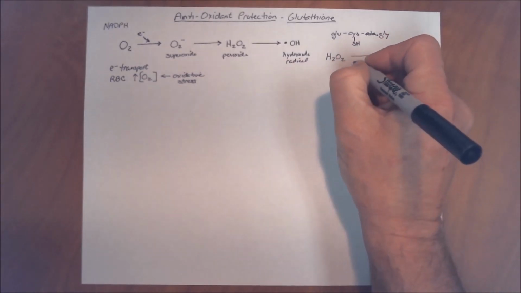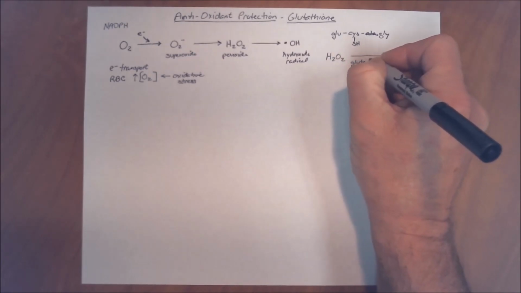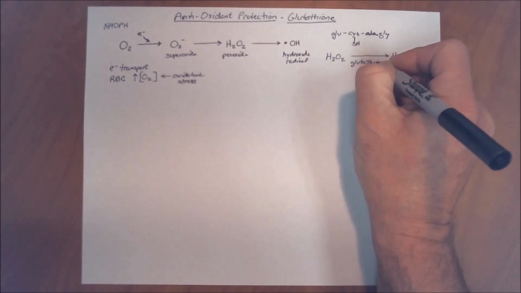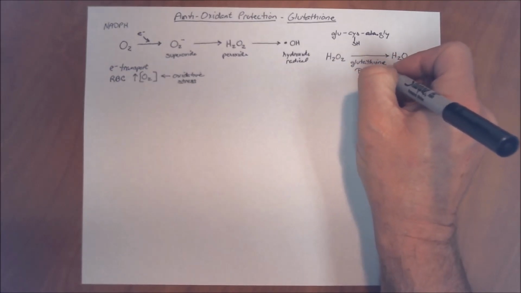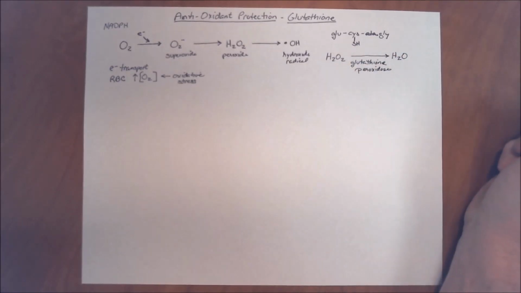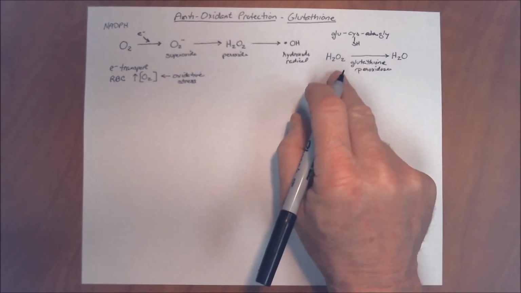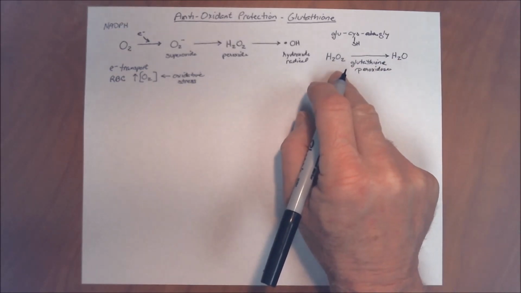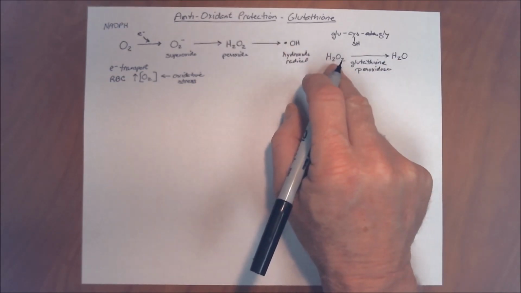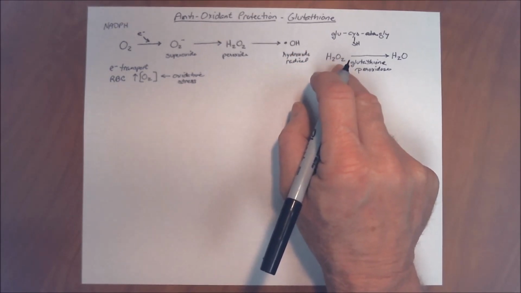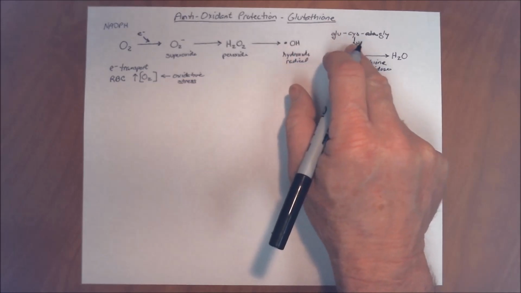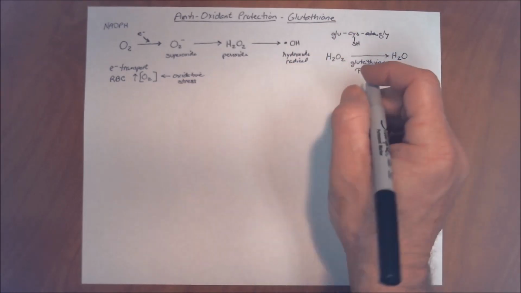The enzyme that does this is called glutathione peroxidase. And in order to perform this reaction, to take care of that unpaired electron that forms in the hydroxide radical from the peroxide, we are going to oxidize glutathione.